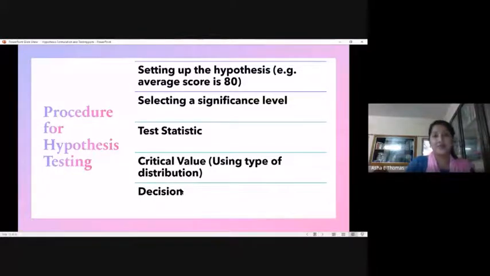That's the null hypothesis. Then I can put the alternative hypothesis as mu not equal to mu naught, which can be greater or less than 80. The next thing I will do is select a significance level.